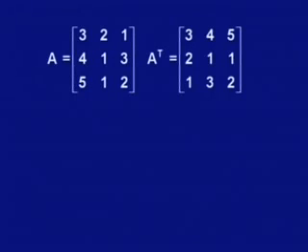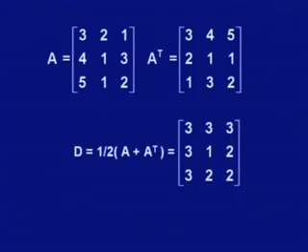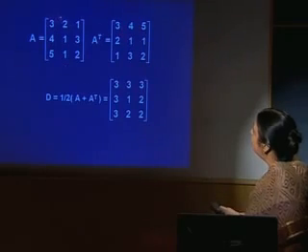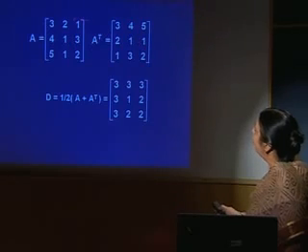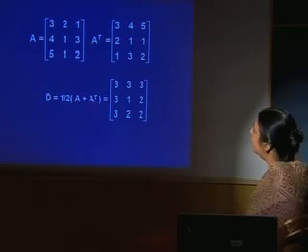Now I illustrate this with an example. If I have the matrix A as 3 2 1, 4 1 3, 5 1 2, a 3 by 3 matrix, then its A transpose will be 3 4 5 as the first row. The first column becomes the first row, the second column becomes the second row, the third column becomes the third row in the A transpose matrix. Then D is half (A plus A transpose).